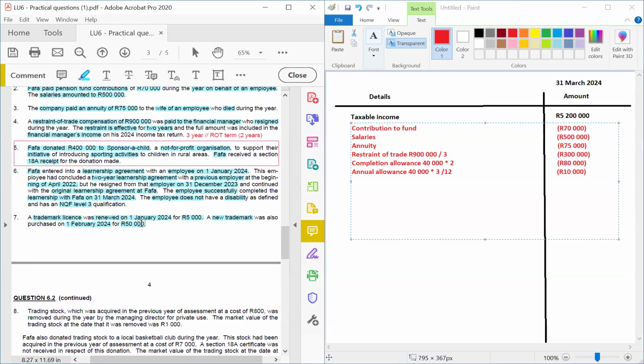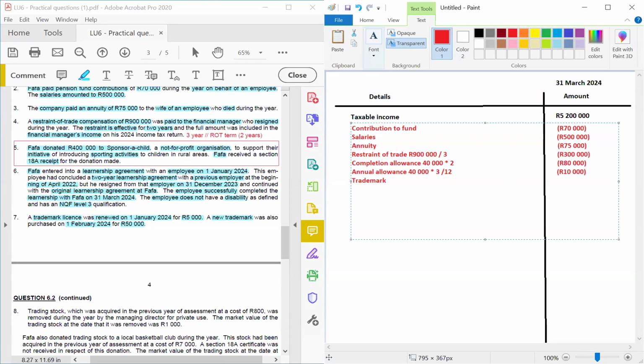Right. So now, we need to apply the trademark license. Any renewal of a trademark license, we are going to include, given the fact that it is below 5,000. So we could just say trademark, and we will just deduct the renewal first.